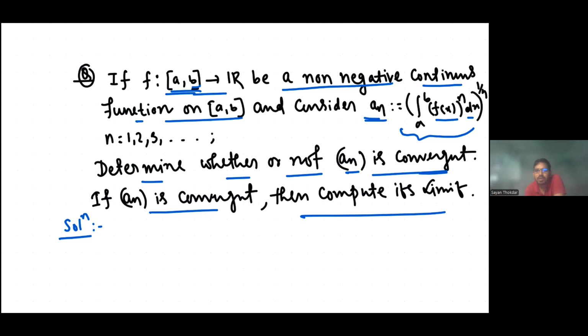So f(x) is Riemann integrable, and since it is non-negative, f(x)^2, f(x)^3, f(x)^4 and so on are Riemann integrable. So this integral exists and is non-negative, so its nth root exists, and the sequence exists.